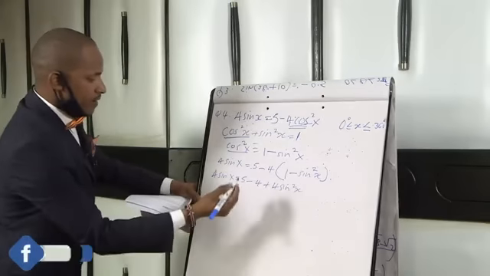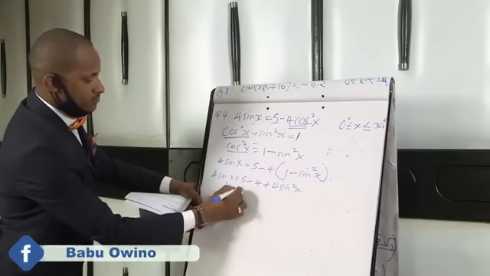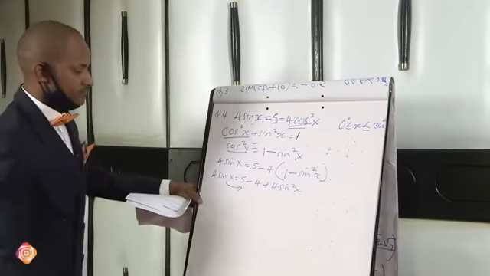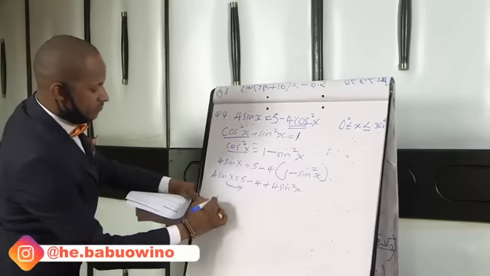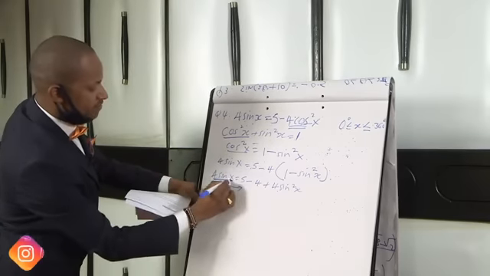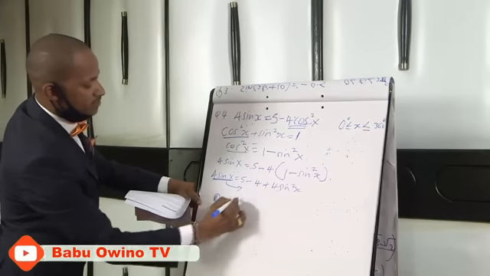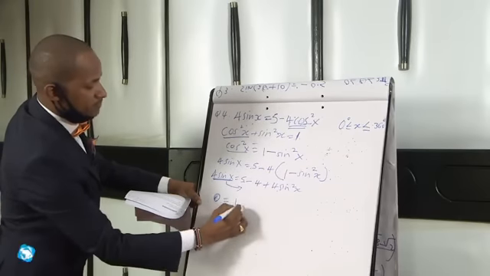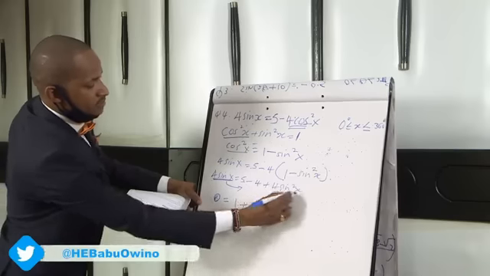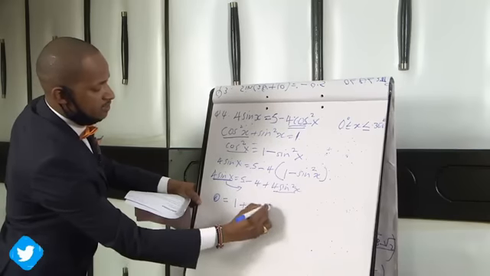Then from here, we can collect the like terms together. So if 4 sine x crosses the other side, it becomes 0 equals 5 minus 4 is 1, plus 4 sine squared x.